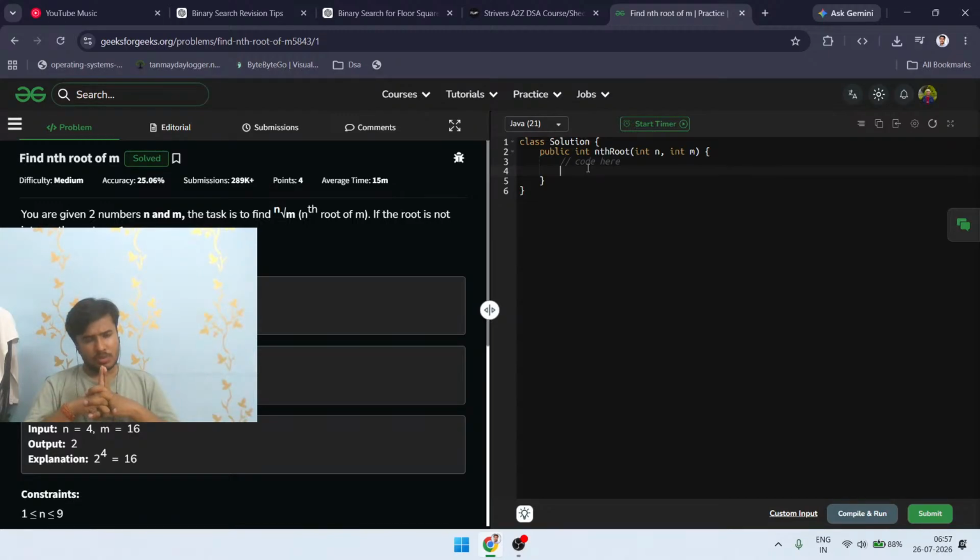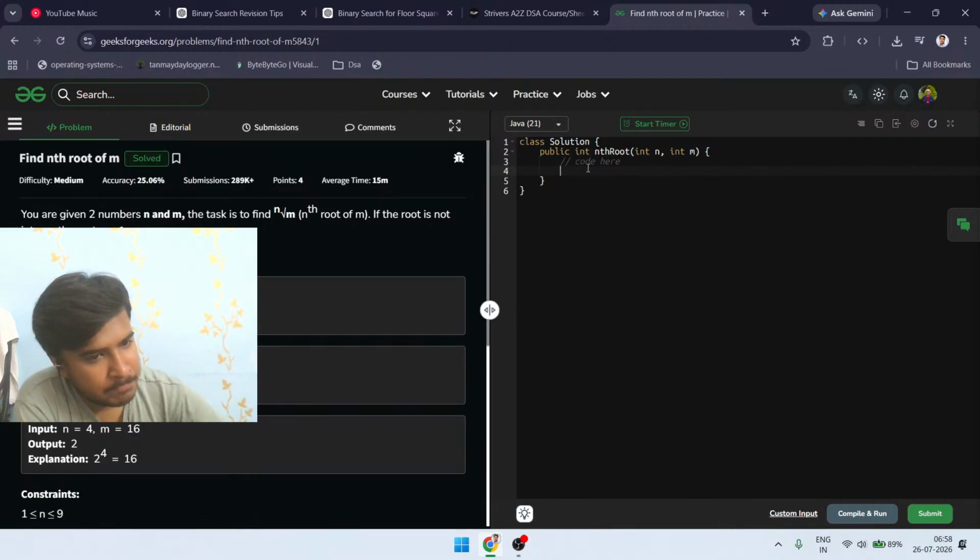We were given two numbers, okay. The task is to find the nth root. If n equals 3 and m equals 8, it will be 2 obviously.